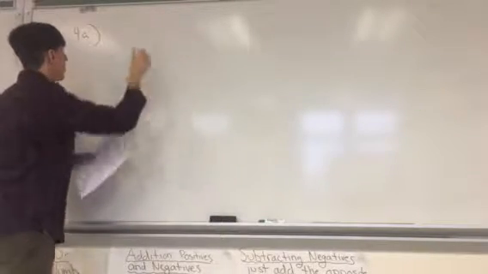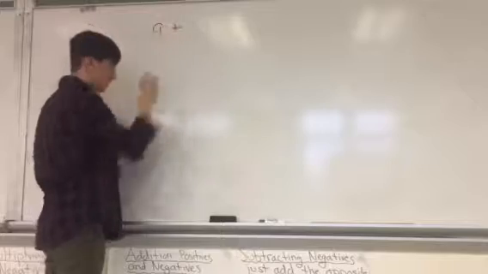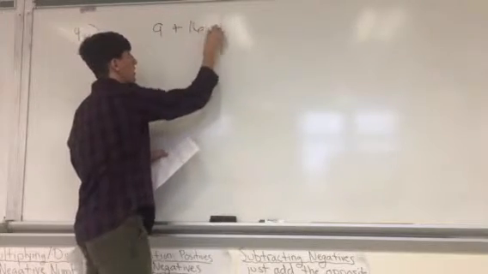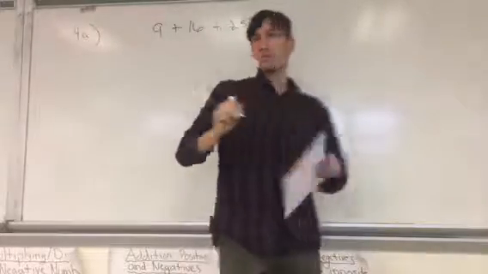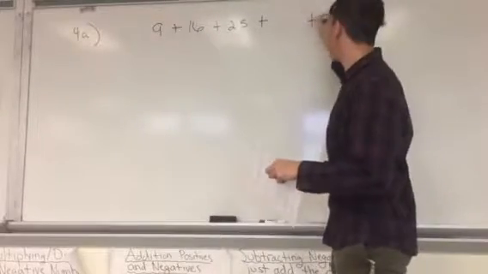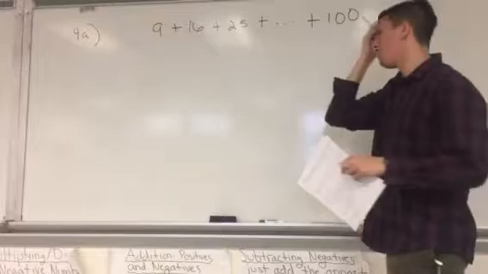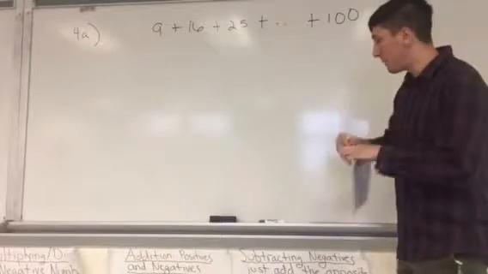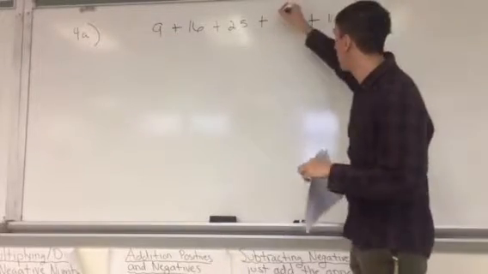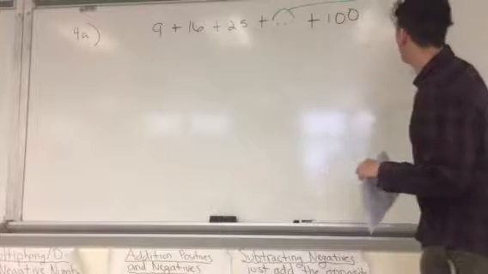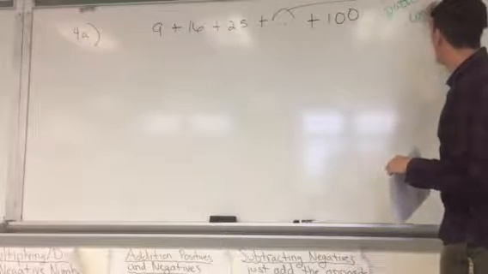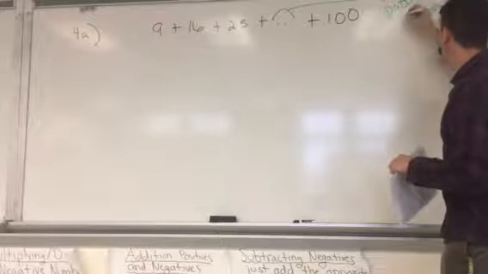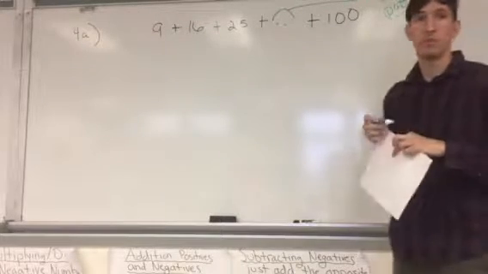So looking at exercise A, we are given 9 plus 16 plus 25 plus ... plus 100. So this means that the pattern is continuing. Pattern continues. And it's continuing all the way through.